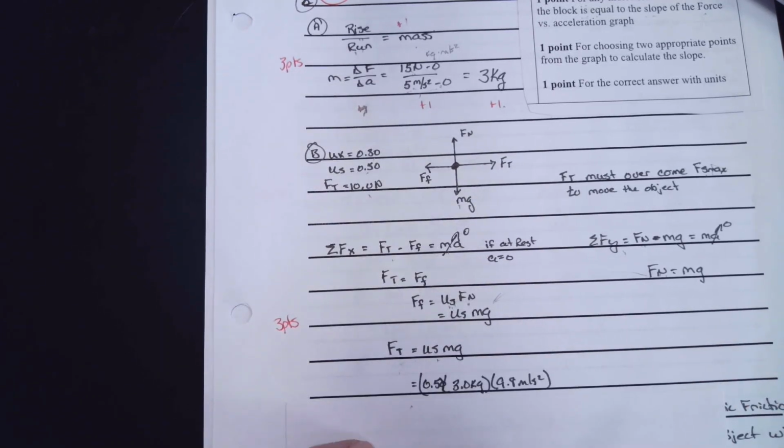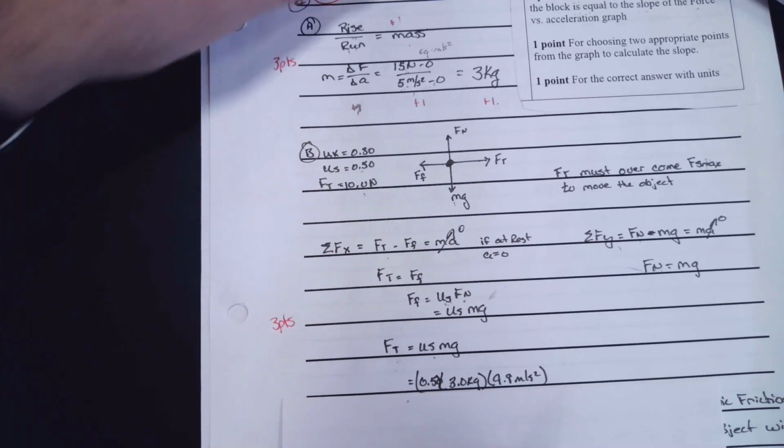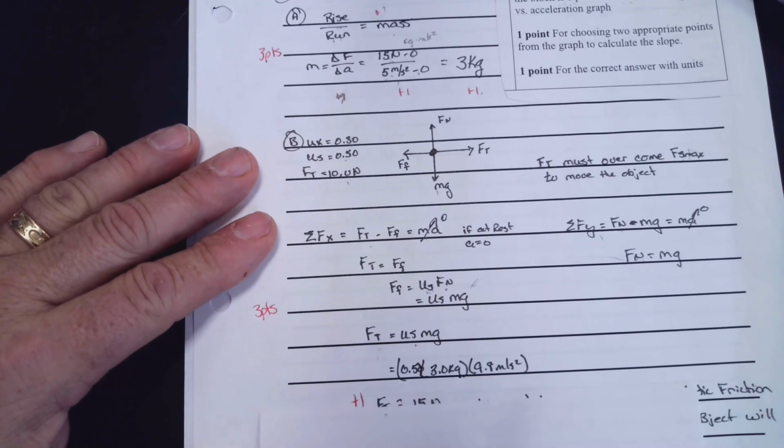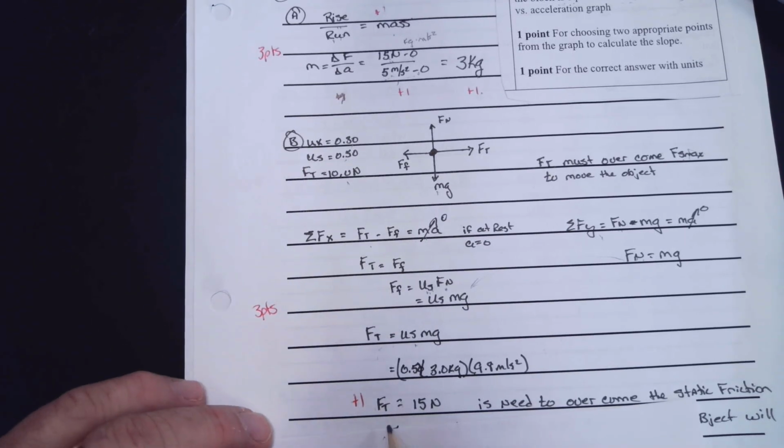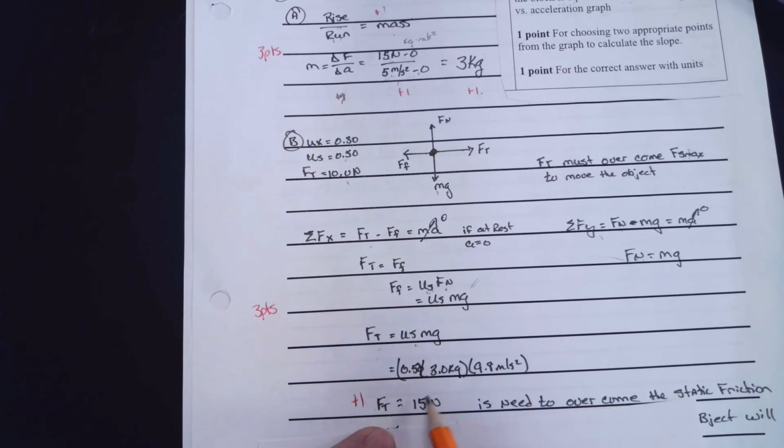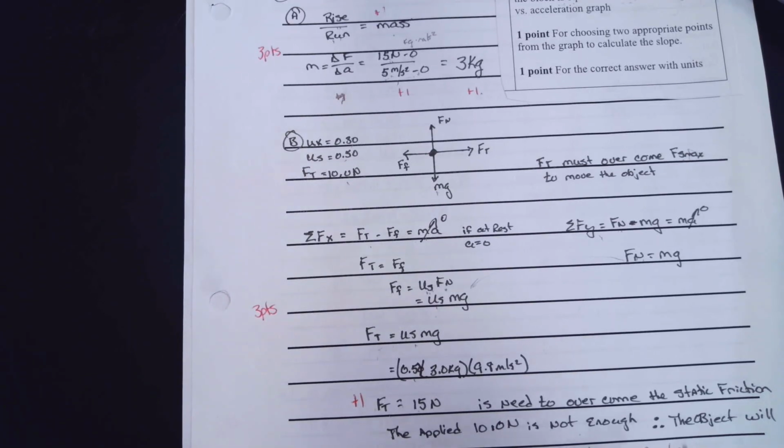I have all these values, and I get the force of friction that is necessary to overcome my static friction value of 0.05 is 15 newtons. Well, it's only being pulled with 10, so that's not enough to overcome the static friction, and I need to say that.